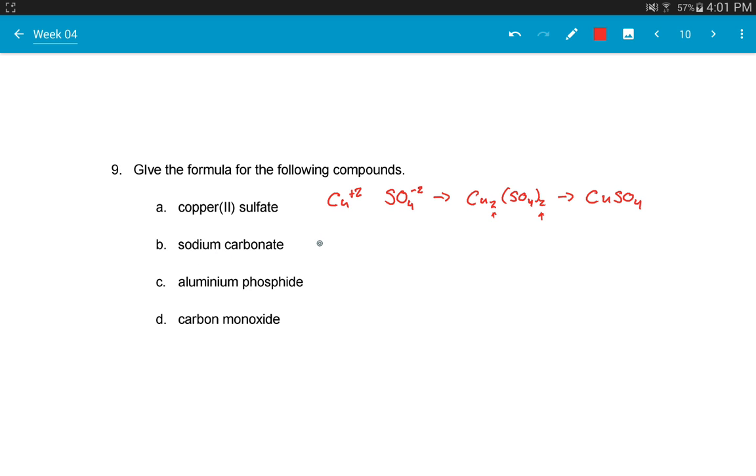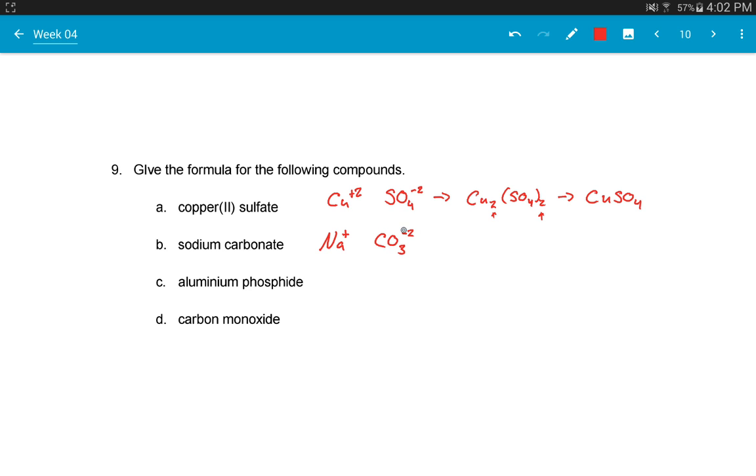Sodium carbonate. The sodium ion is a well-behaved cation, so we can look at the periodic table and see that it's simply 1 away from the nearest noble gas, giving it a +1 charge. Carbonate is from the table of polyatomic ions, and it's a CO3 with a -2 charge.